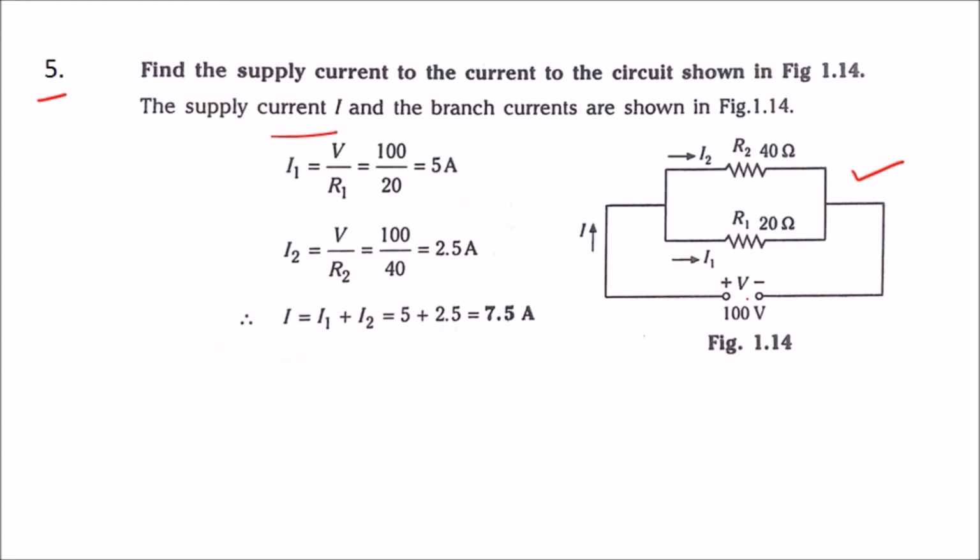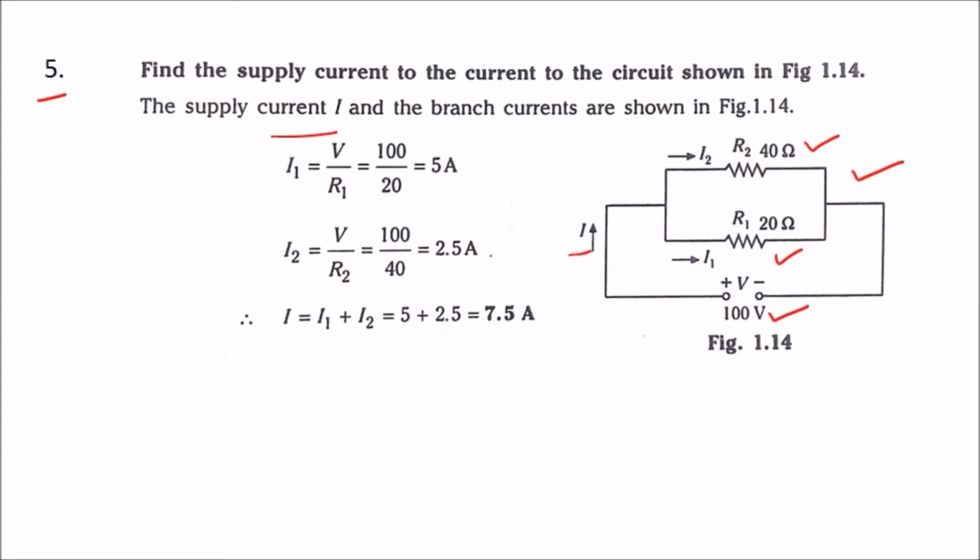So here the supply voltage is 100 volts, whereas the voltage across R1 will also be 100 and R2 will also be 100. So we need to find I, I2 and I1.